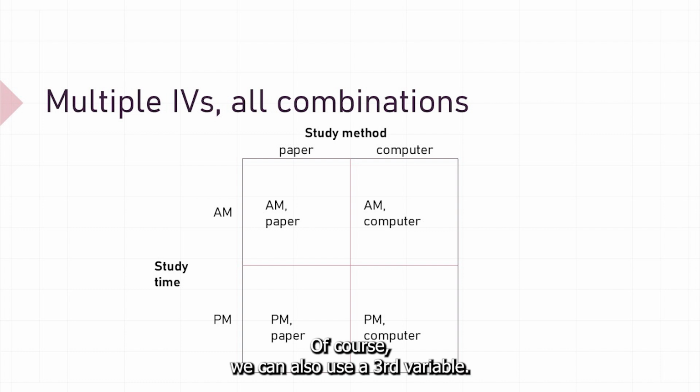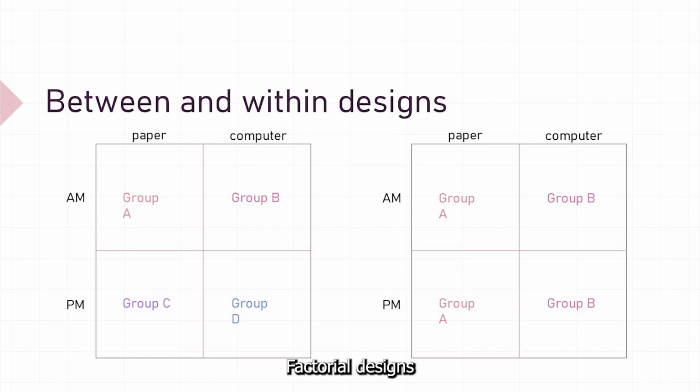Of course, we can also use a third variable, for example, usage of caffeine. In this case, our experiment would have 8 conditions. Factorial designs can be both between subjects and within subject designs.